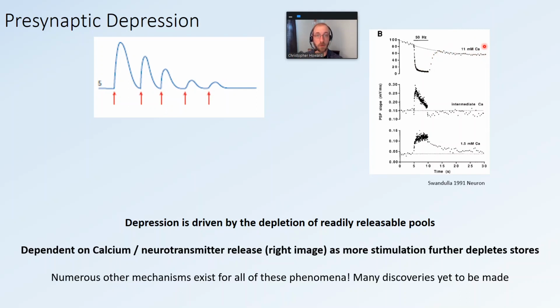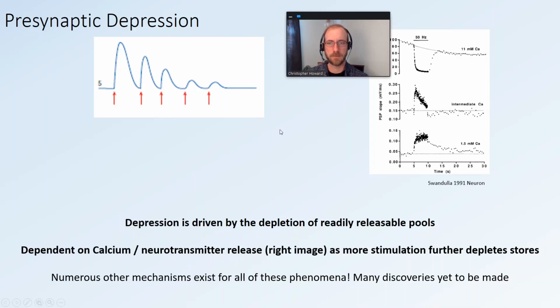This is at a normal level of calcium. Now, if you remove calcium, you see that this depression goes away, and then augmentation, facilitation, or PTP all start to take place. So those are the predominant mechanisms taking place, because again, these are all occurring simultaneously. So here we've isolated the key component of depression, which is calcium levels.